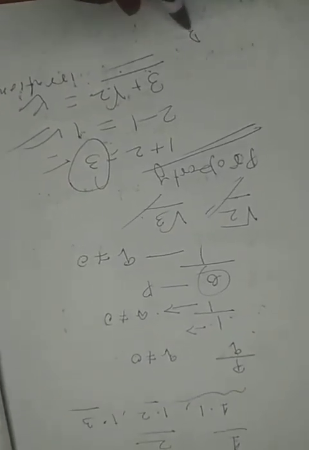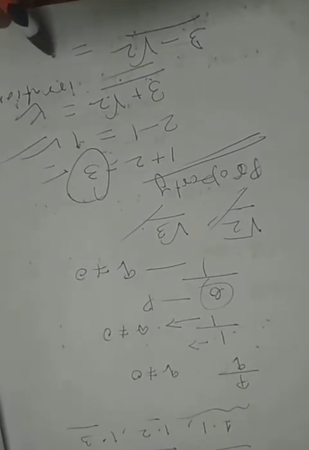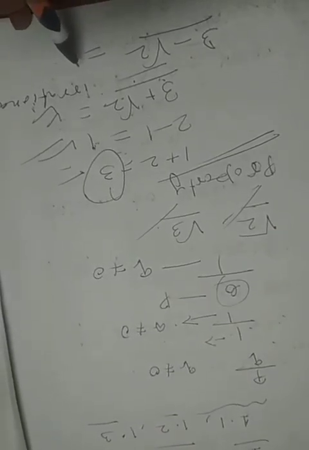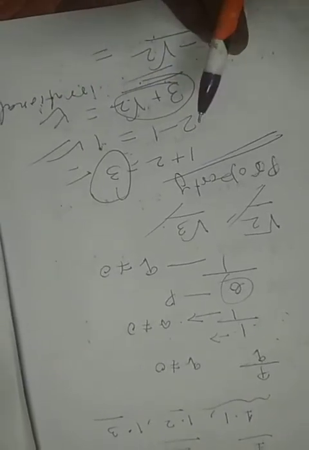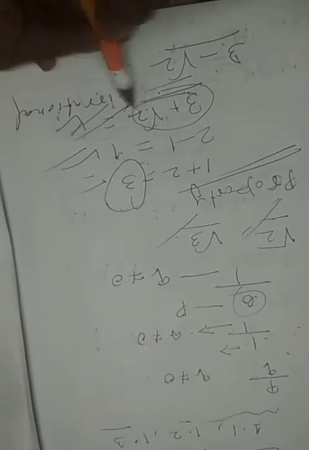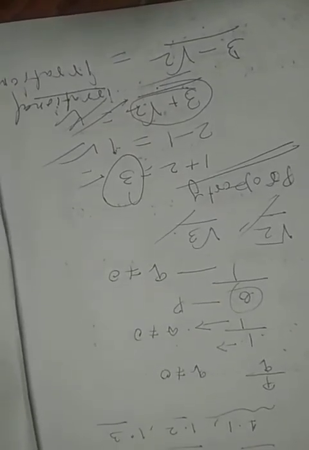If you subtract a rational number and irrational number, yes, that is confirmed. If you add any rational number and irrational number, you get an irrational number. If you subtract a rational number and irrational number, you also get an irrational number. These are some properties. There are other properties. I will send you those properties.